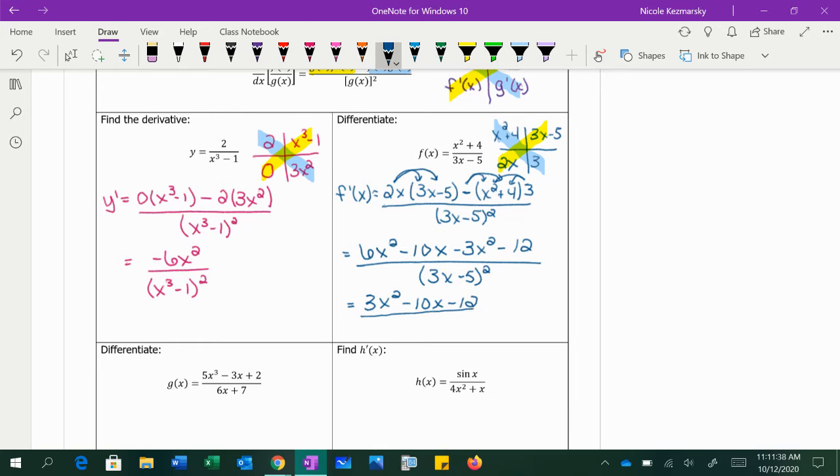I look to see if maybe that factors, but it's not necessary, and most of the time it won't. Let me make that a 5. And then don't forget that denominator squared. Okay, so notice what I'm doing is I'm expanding the top and then simplifying it. I'm leaving the denominator alone.